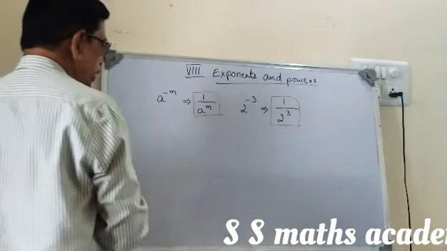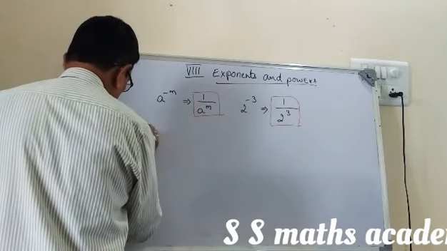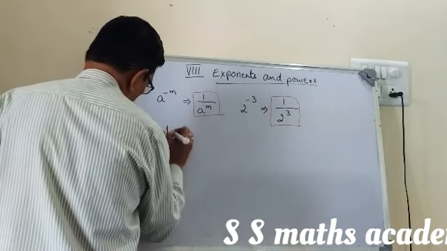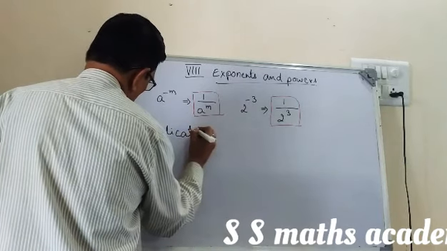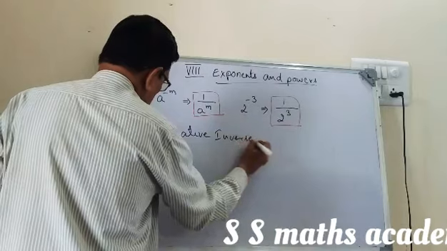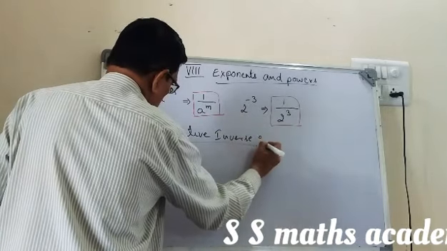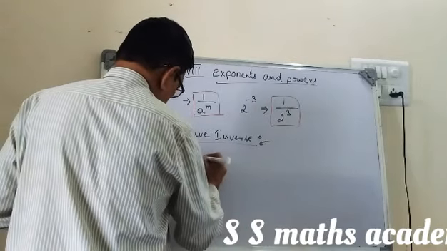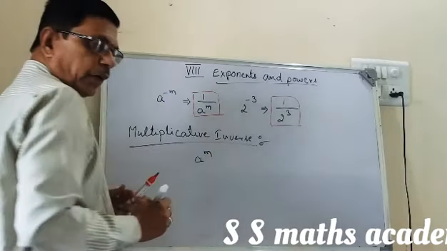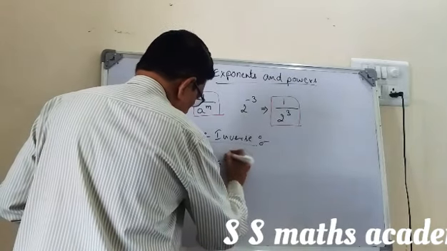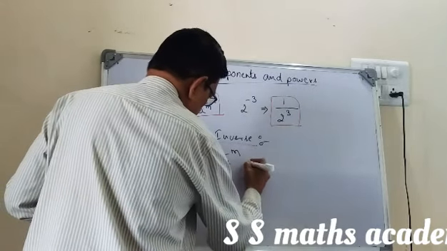Now we see what is meant by the multiplicative inverse. For a to the power of m, the multiplicative inverse is a to the power of minus m.